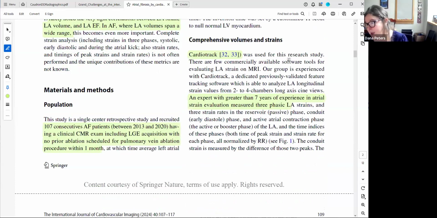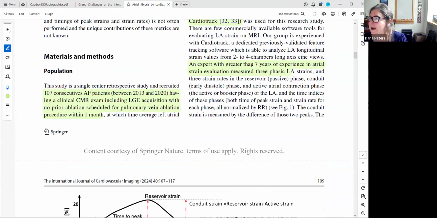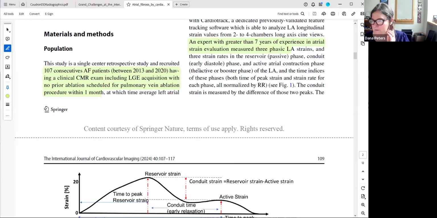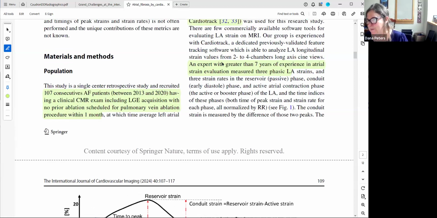We use CardioTrack for strain analysis, which Jérôme developed with his group in Paris, and this is available if anyone's interested. You have to contact Jérôme or his group.